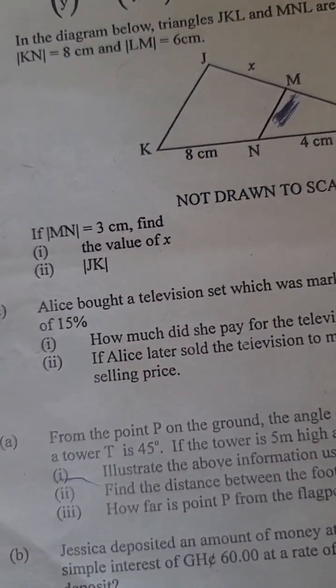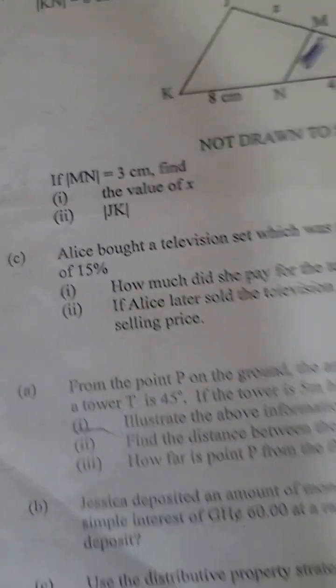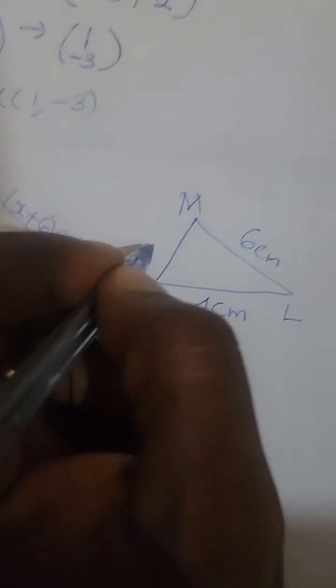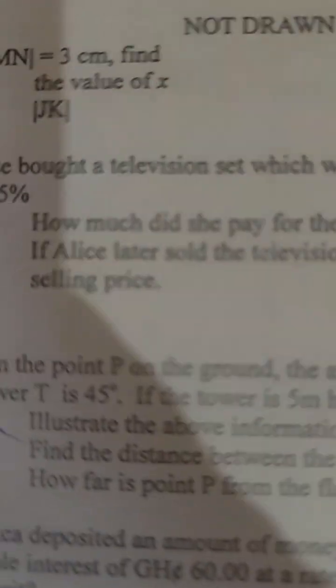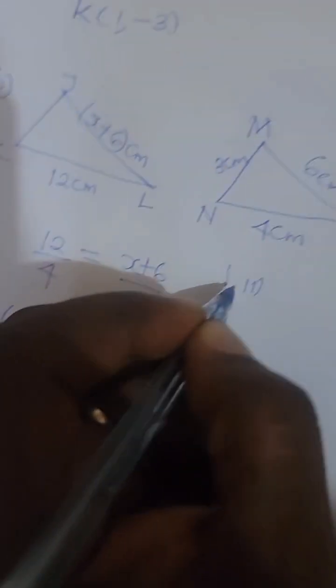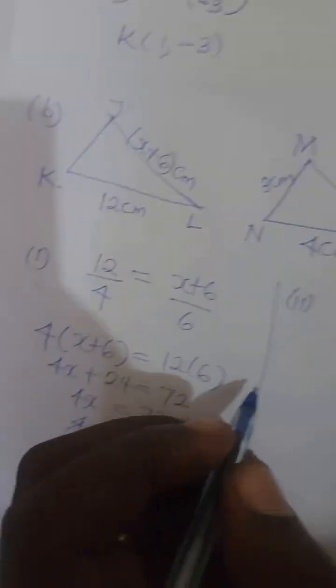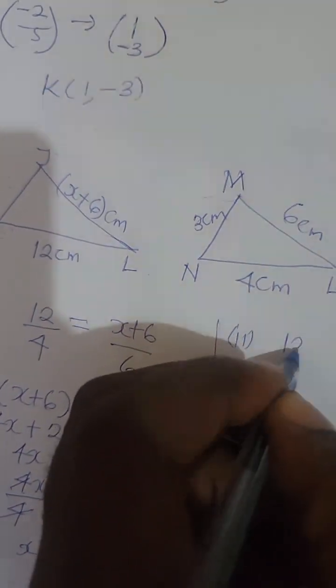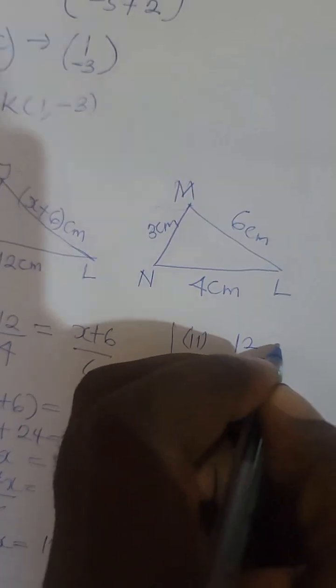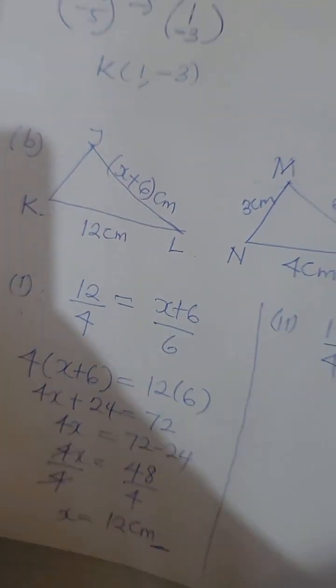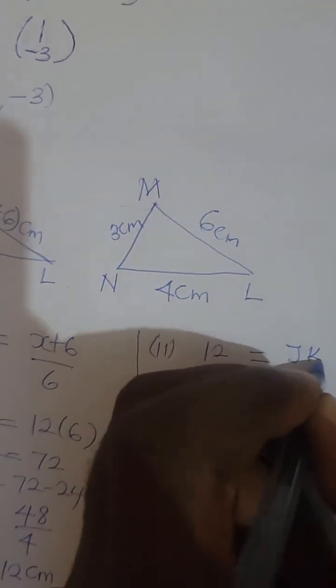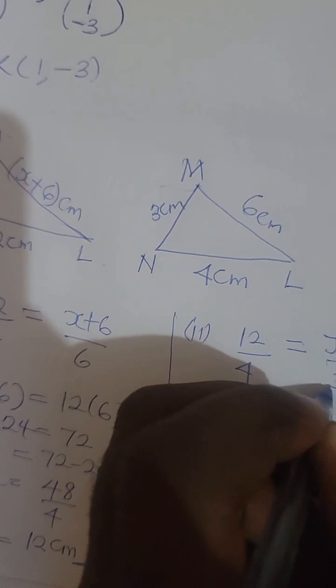Now the II says that MN is 3 centimeters. So MN here is 3 centimeters, and we have to find the value of JK. So we can go the same direction for my II. I take the same KL, which is 12 out of 4, should be equal to my JK, which corresponds to the 3.